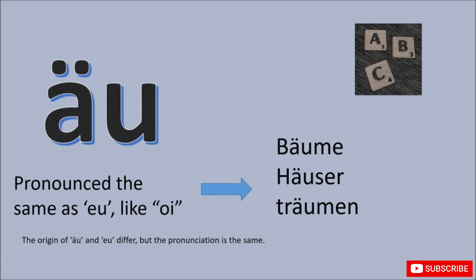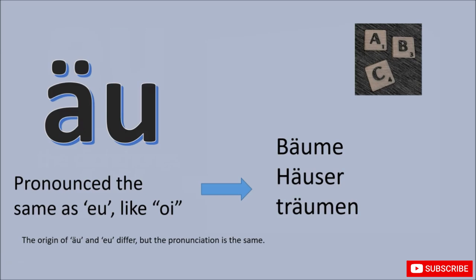Now, A with an umlaut and the U is pronounced exactly the same as the EU, so it's oi again. But the origin of A umlaut U or EU words differ. It's just the pronunciation that is the same. And if you look at the words, we have Bäume, Häuser, Träumen.